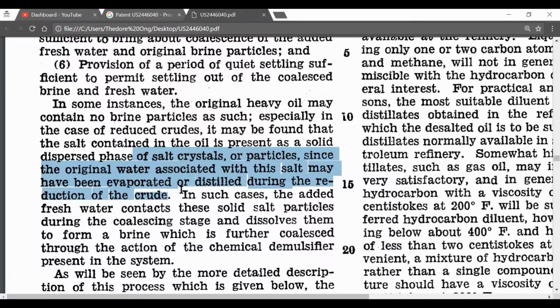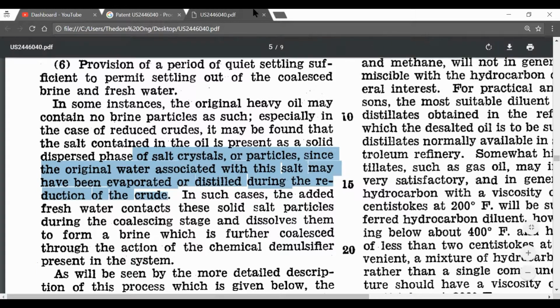So what he's saying here is that in the case of long and short residue, where you have already passed the crude oil through the distillation towers, the vacuum and the atmospheric towers, all the water may have already been evaporated off, which is kind of logical given that you're subjecting the oil to over 300 degrees C of temperature. So that makes sense. Once the water is evaporated, the salt crystals are left.